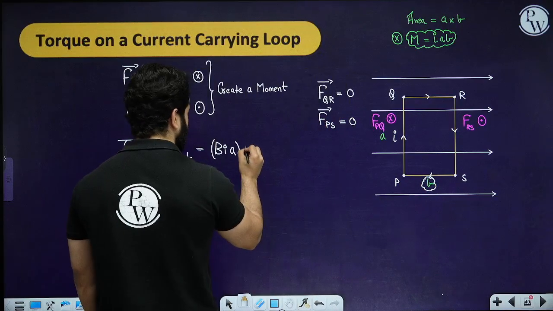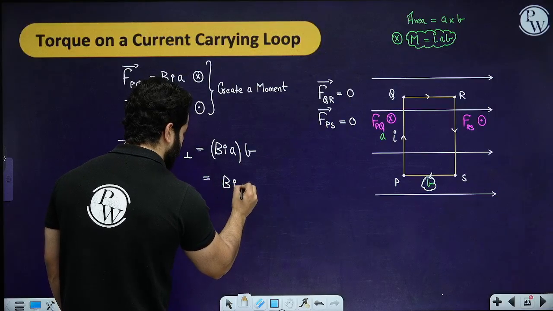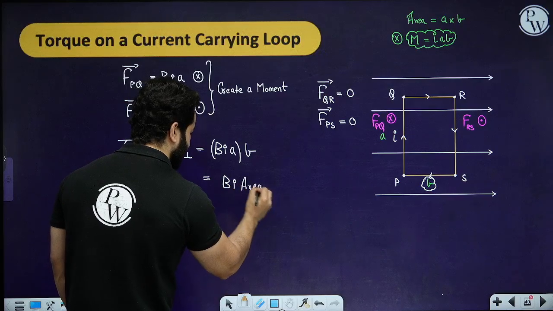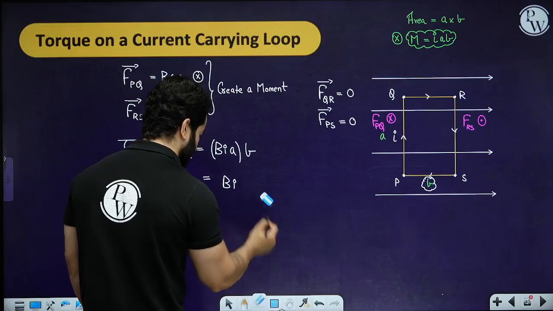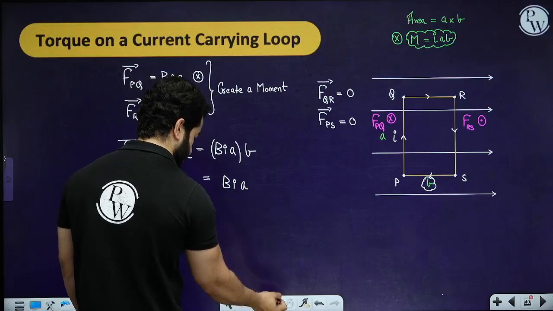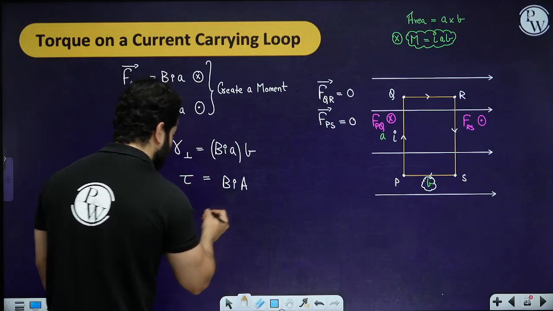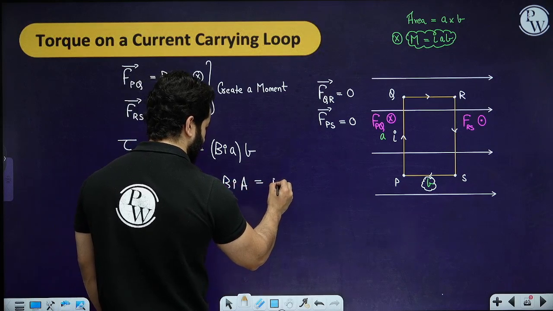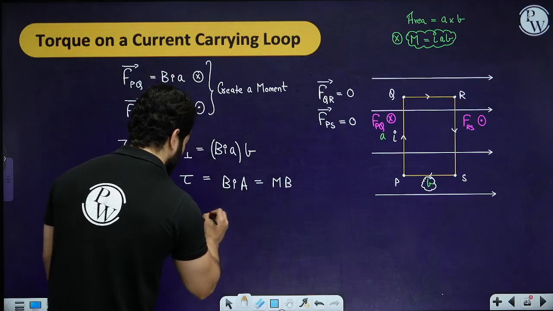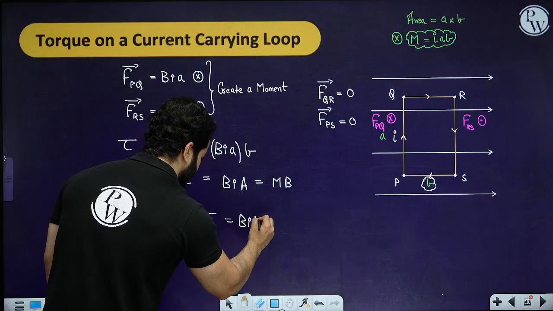So that is B. So this is going to be BI into area. Deliberately I am writing it as area. Now I will write it as capital A. So this is going to be torque. And now I can also write IA as M. So I can write it as MB. Or if there are n number of turns, I can write it as BINA.